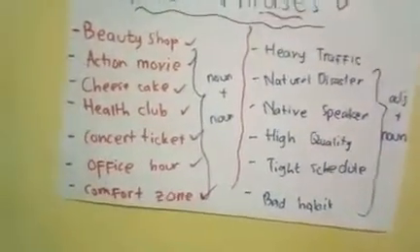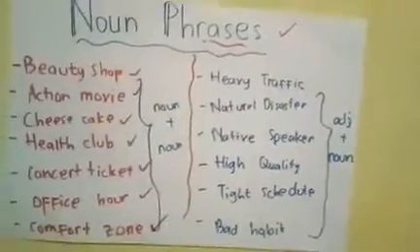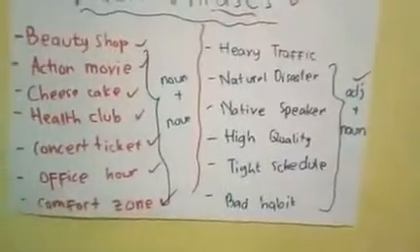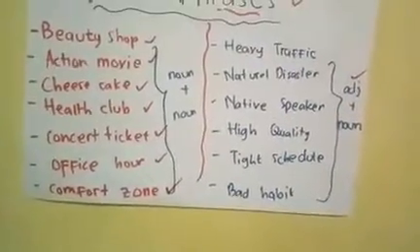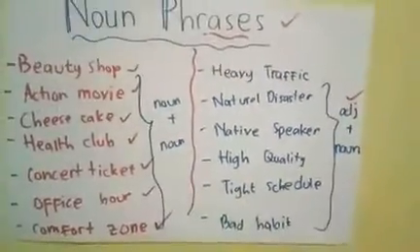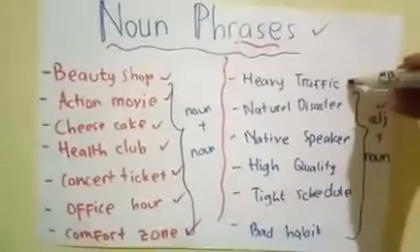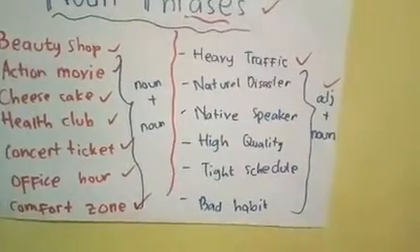Okay, different from the first, the second one is adjective plus noun. Adjective plus noun itu sebenarnya simple. Beautiful girl, okay. Delicious food, itu simple ya. But look at this. These are some vocabs that you have to remember. Heavy traffic, jalanan sangat macet parah.